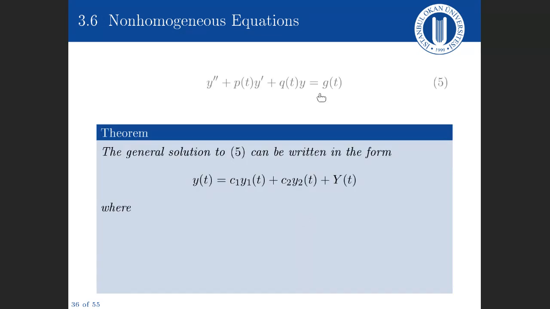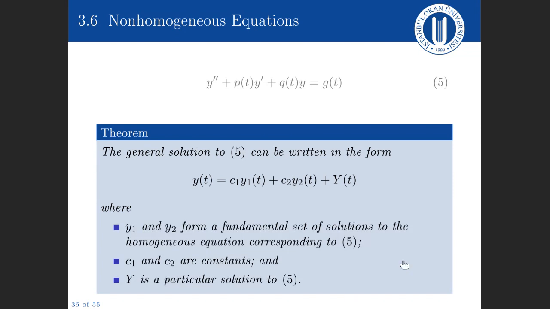Now, how do we solve a non-homogeneous equation like this? We can write the general solution like this. We can write it as c1y1 plus c2y2 plus an extra term, I'm using the notation capital Y, where y1 and y2 form a fundamental set of solutions to the homogeneous equation corresponding to our differential equation.